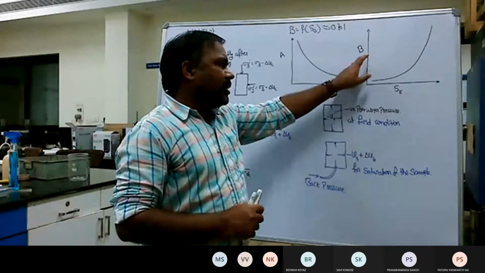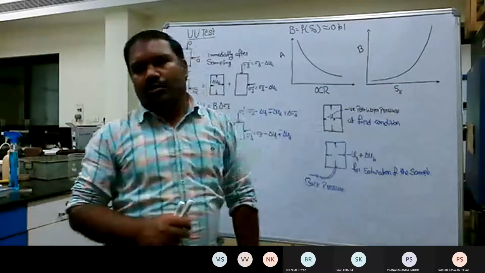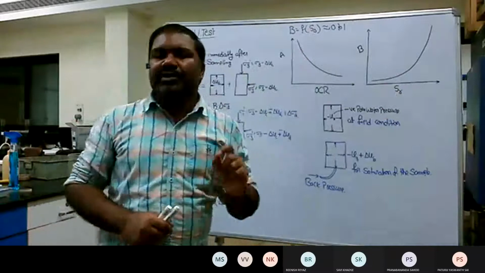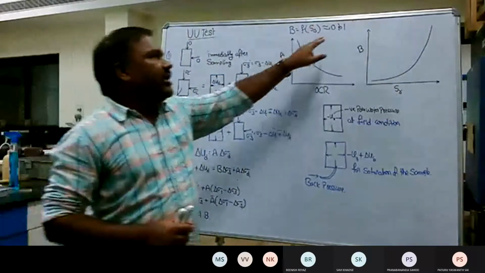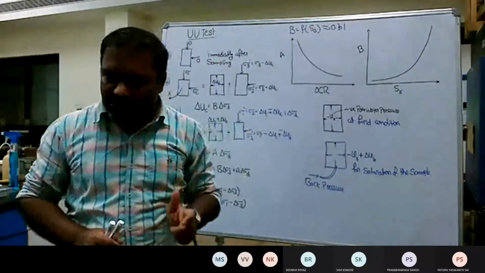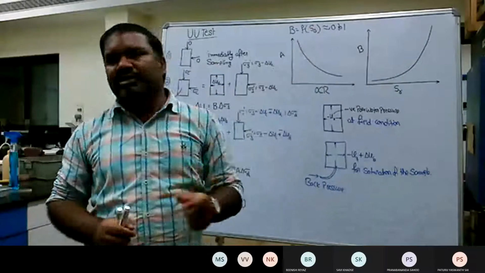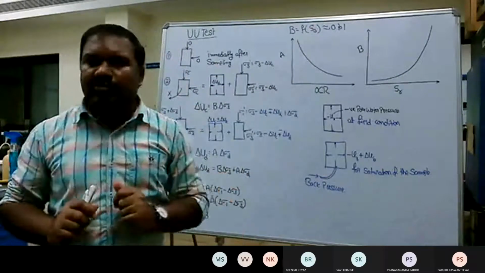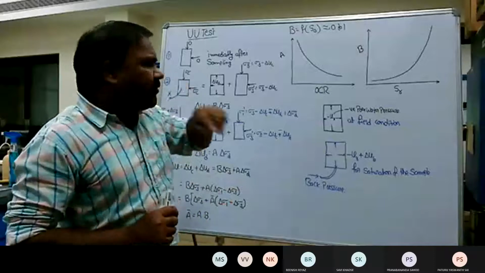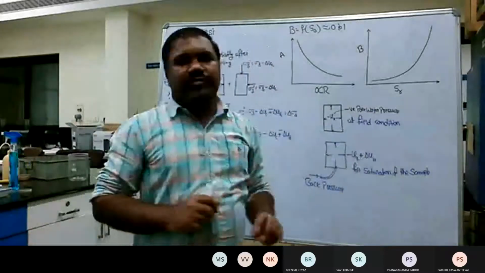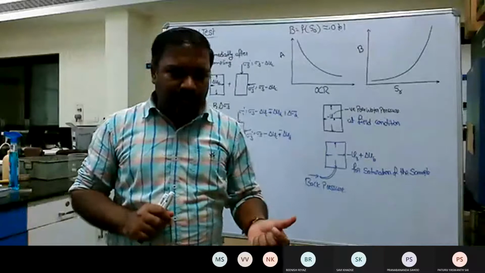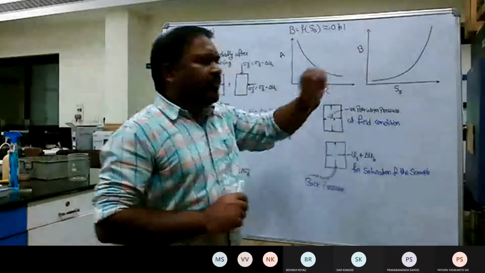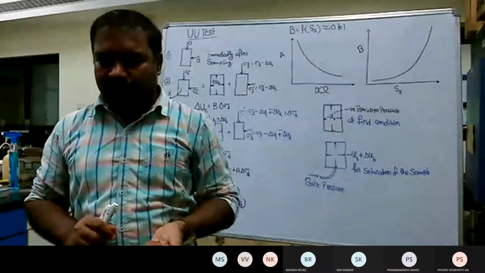Usually the value of B lies between 0 and 1, where 1 indicates the sample is fully saturated, and 0 indicates the sample is completely dry, there is no water at all within the soil sample. In between, depending upon the degree of saturation for which you compact or extract the soil sample, you may arrive at some specific B value.